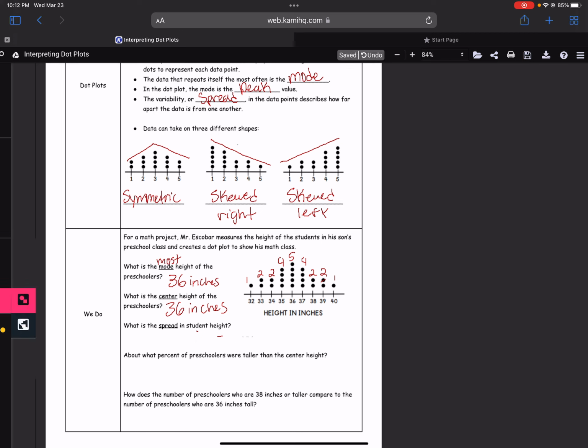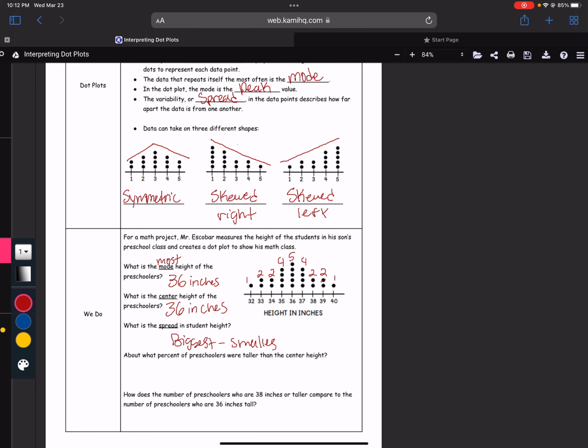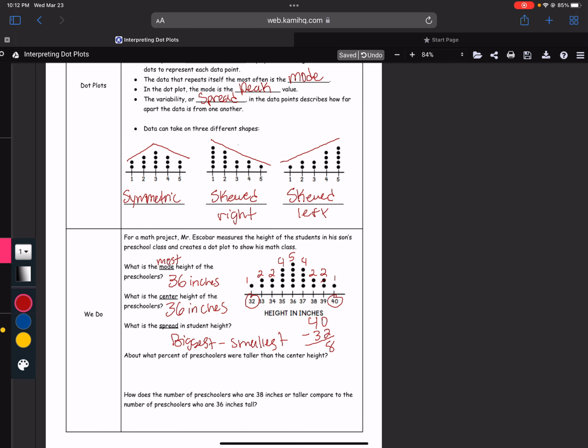So let's go ahead and change that to biggest minus smallest. So I see here that my biggest is 40 and my smallest is 32. So I'll do 40 minus 32. You'll have 8. So the spread here is 8.